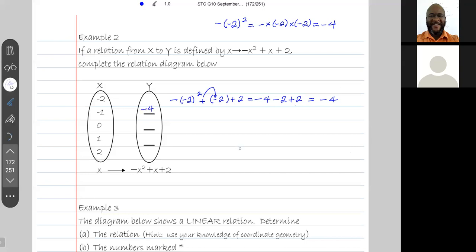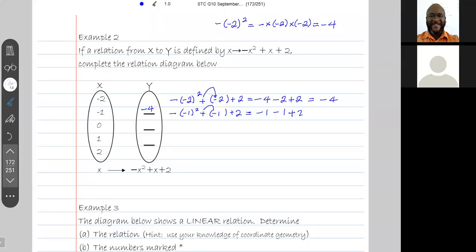When x is -1, it's minus -1 squared plus -1 plus 2. Now -1 squared is 1, and a negative times that is -1.